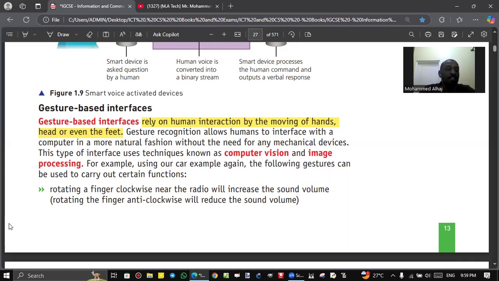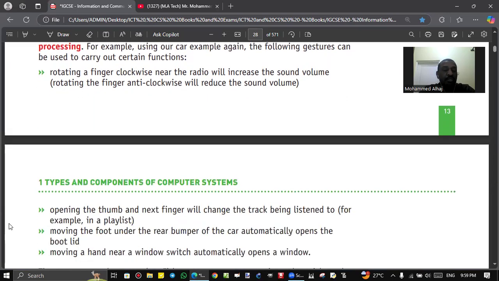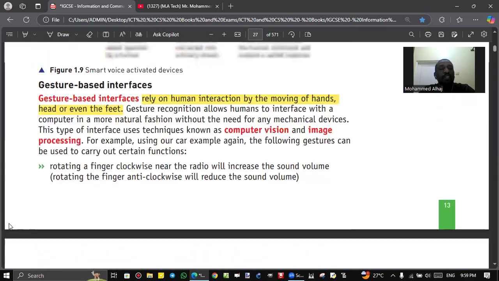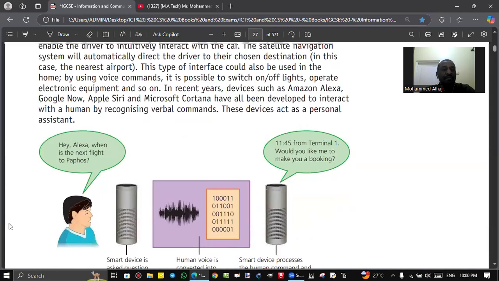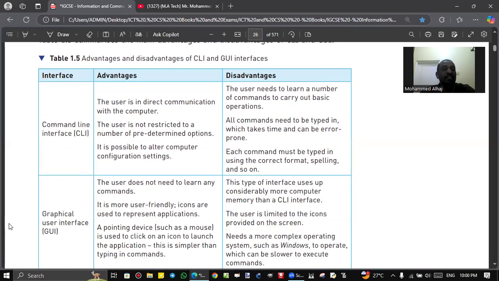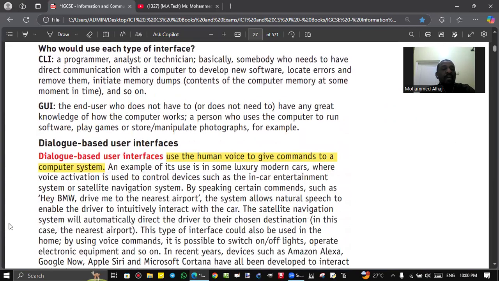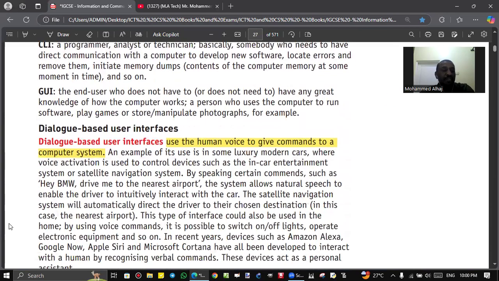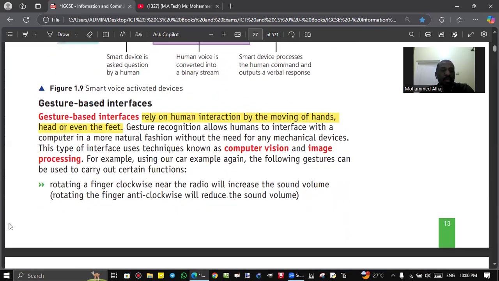It can pick up your movements and translate them into instructions. Those are the four different types of interfaces. As we said, we have four main types: the command line interface, the graphical user interface, then the dialogue-based user interface, and the last one is the gesture-based user interface.